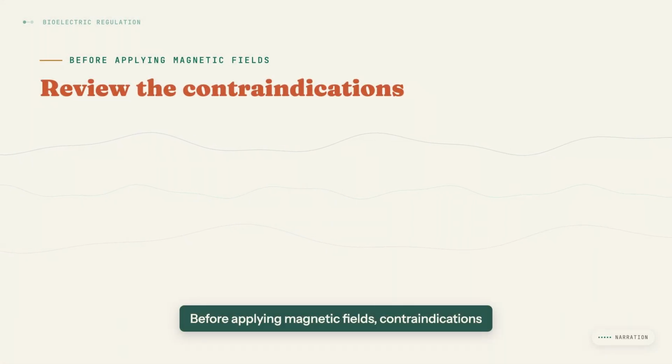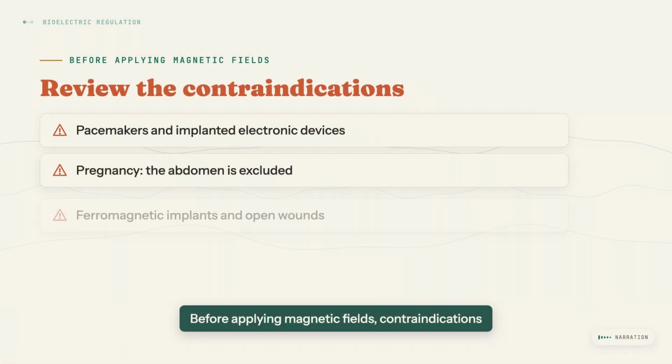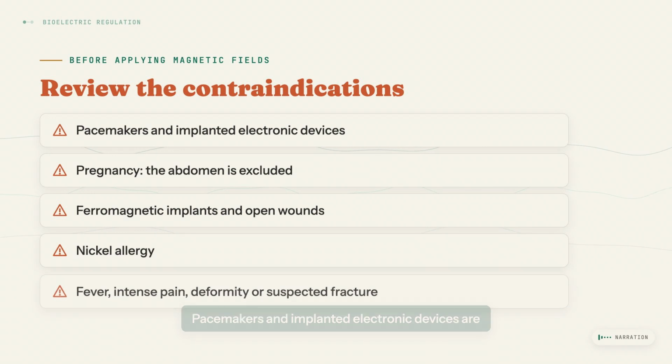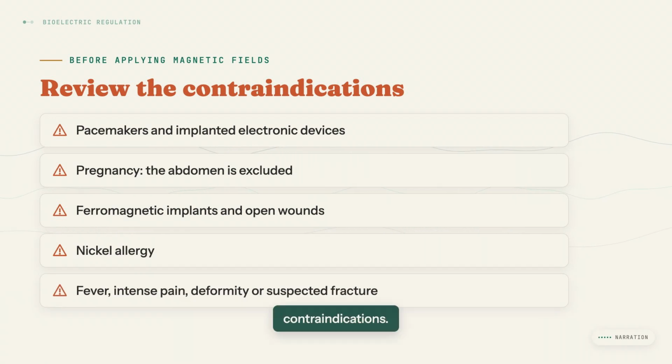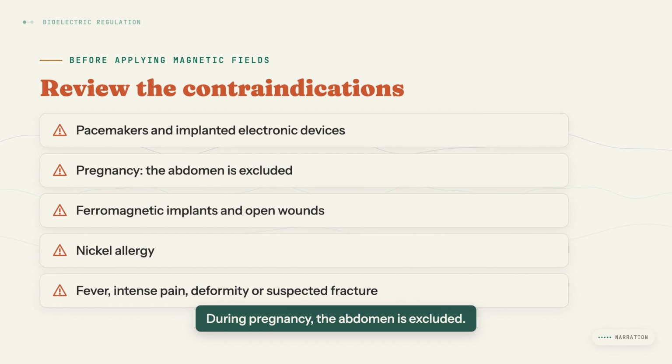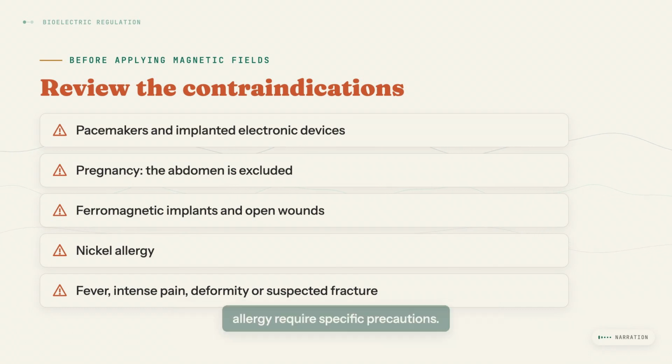Before applying magnetic fields, contraindications must be reviewed. Pacemakers and implanted electronic devices are contraindications. During pregnancy, the abdomen is excluded. Ferromagnetic implants, open wounds, and nickel allergy require specific precautions.